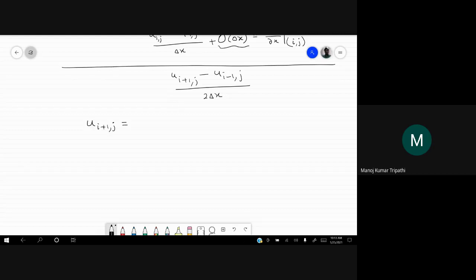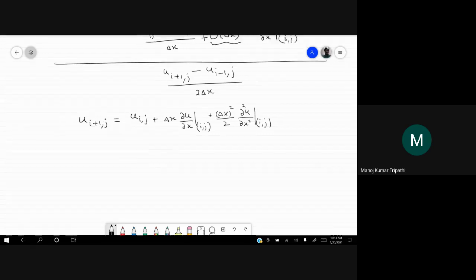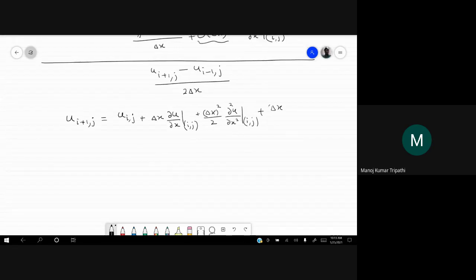u i plus 1 j. This will be equal to u ij. Now I am writing in terms of indices directly, plus delta x dou u by dou x at point ij plus delta x square by 2 dou 2u by dou x square at ij plus delta x cube by 6 dou 3u by dou x cube at ij and so on.